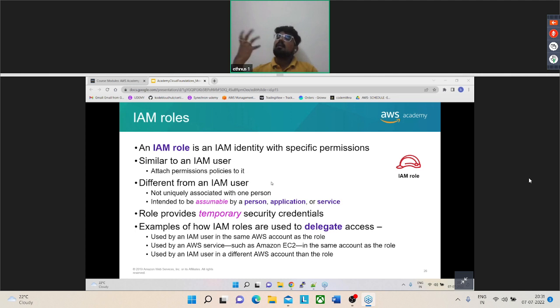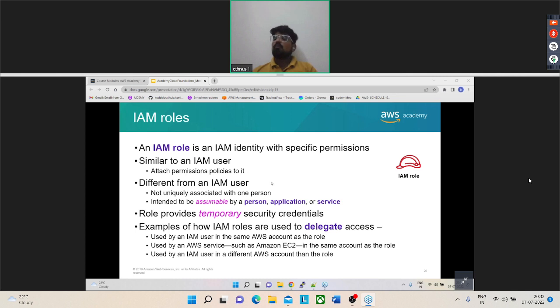For internal communication we need some credentials, and you don't have to define any credentials, guys. They will be created automatically for communication between the two services. At the time of communication, those temporary security credentials will be used for connecting both AWS resources so that they can communicate with each other.